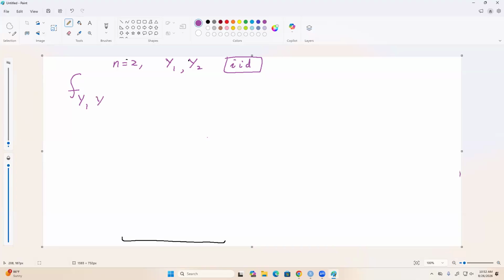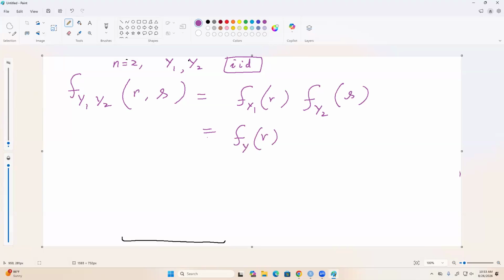So the joint density of y1, y2, instead of writing y1, y2, I will write the two values as R and S. Because of independence, it is the marginal density of y1 evaluated at R and the marginal density of y2 evaluated at S. And since they are identically distributed, I do not need to write Fy1, Fy2, I simply write Fy.